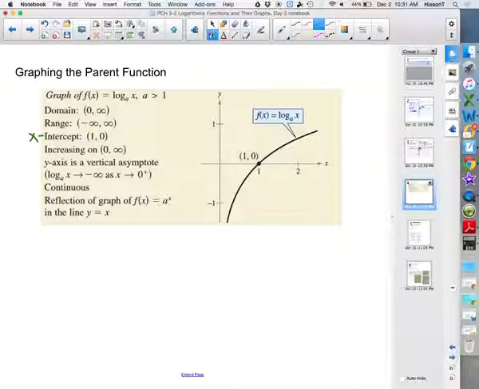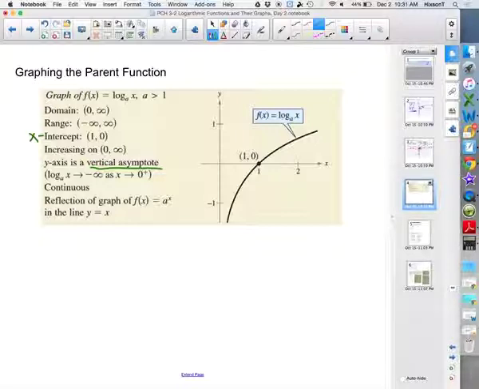There is no y-intercept because we have a vertical asymptote. It's continuous, which means once we're in the domain, there are no poles or asymptotes. And then it's constantly increasing. The further you go to the right, it's going to keep going up.